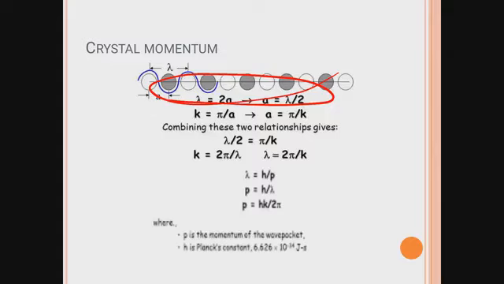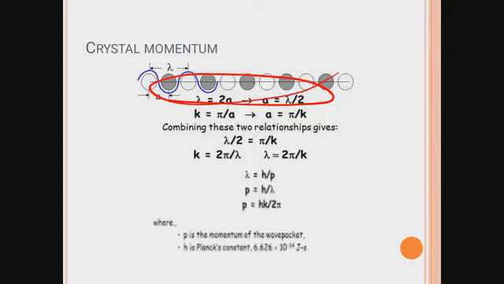So a is equal to lambda by 2, and k is equal to pi by a, as we have already seen in the periodic structure. If we combine these two equations, a is equal to lambda by 2 and a is equal to pi by k, then we get lambda is equal to 2 pi by k. Now, according to de Broglie's wavelength, lambda is the wavelength of electrons in the semiconductor, and k is the propagation vector.